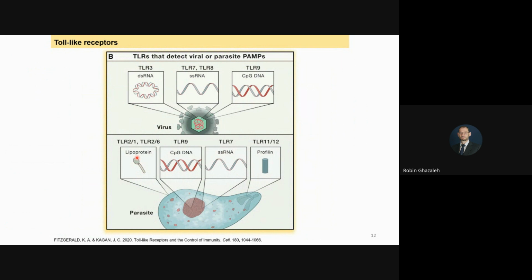Again, lipoproteins, DNA with an unusual composition, single-stranded RNA, and profilin, and that's a kind of an indicator for parasites.